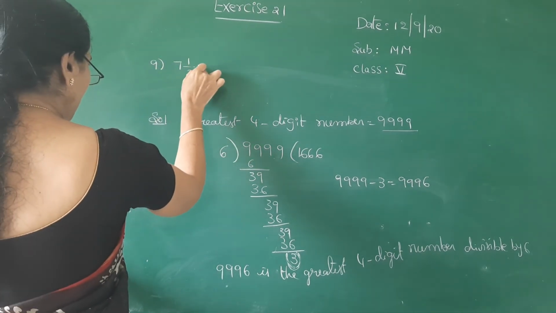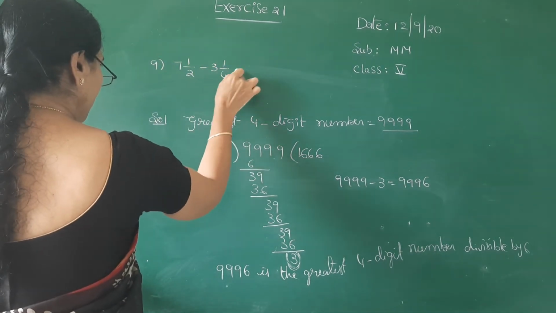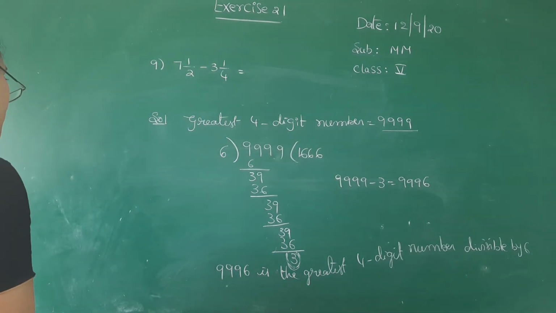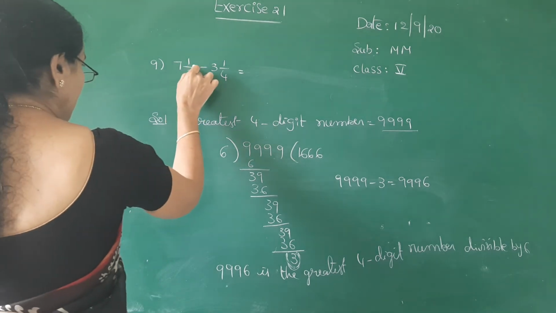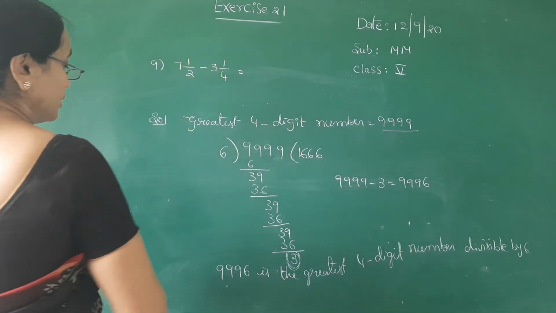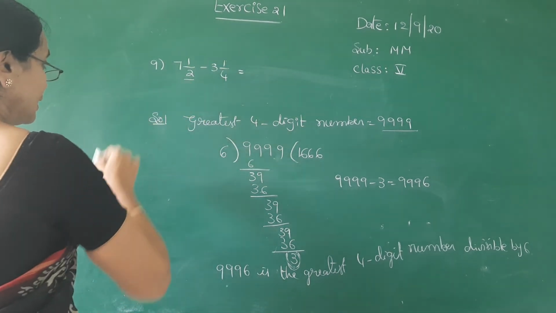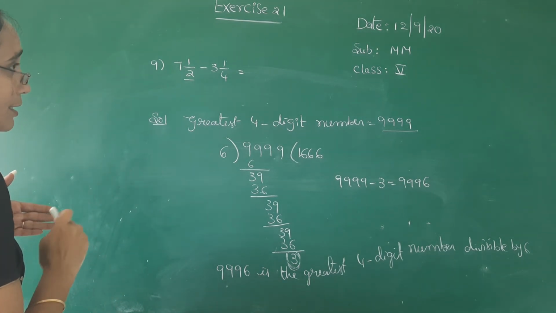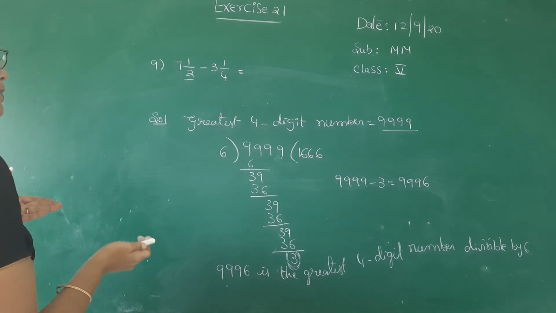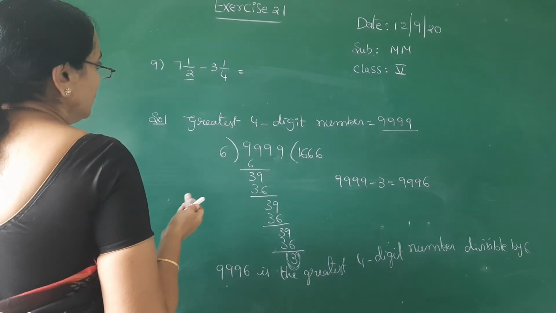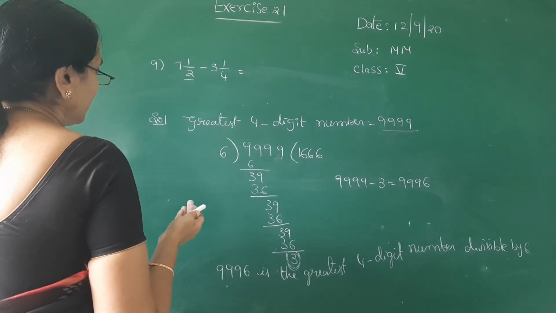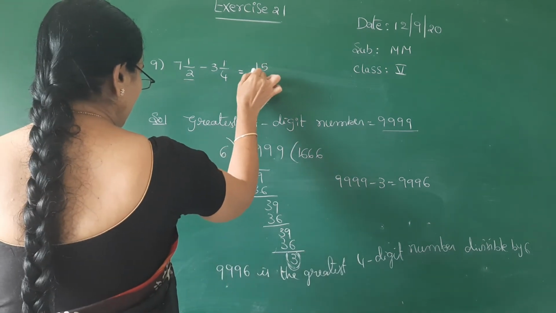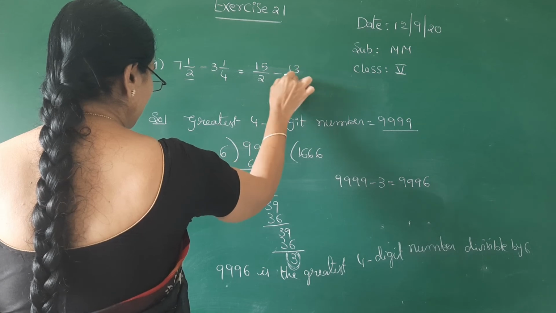See the next, the ninth one. 7 1 by 2 minus 3 1 by 4. So here first of all you have to observe the proper fractions, 1 by 2 and 1 by 4. In these two, if the first one is greater, you can do direct subtraction. If it is smaller, you have to convert into improper fractions. To avoid confusion, I will convert here into improper fractions. 15 by 2 minus 13 by 4.